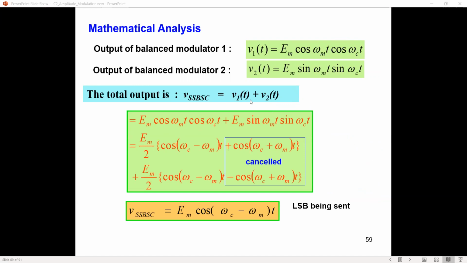But you can guess whether it's a full AM, a double sideband suppressed carrier, or a single sideband. Vestigial never comes out, but all just these 3: double sideband with carrier, without carrier, and single sideband.